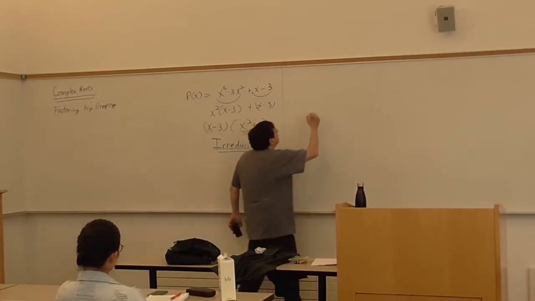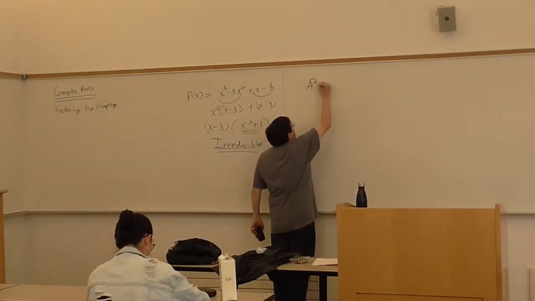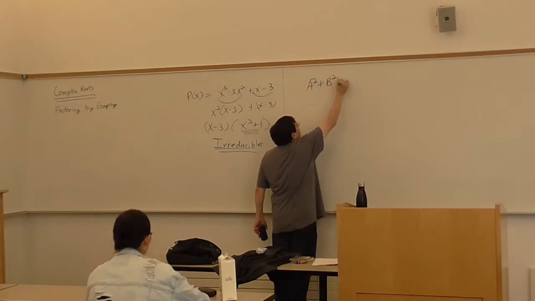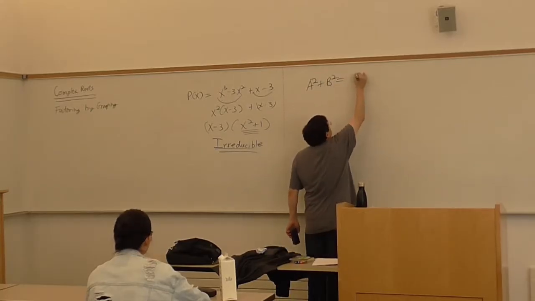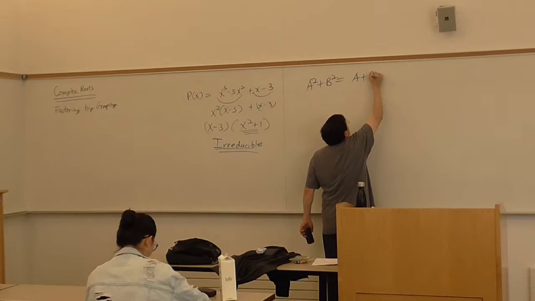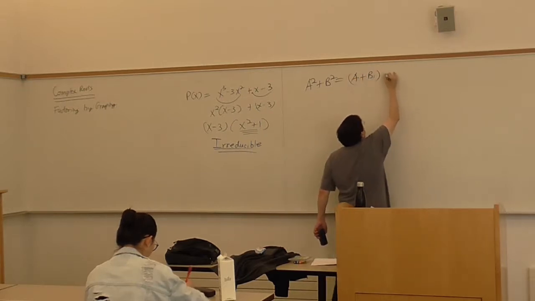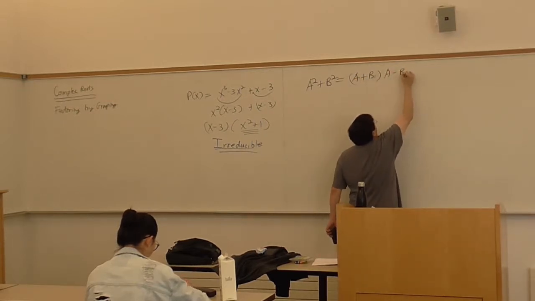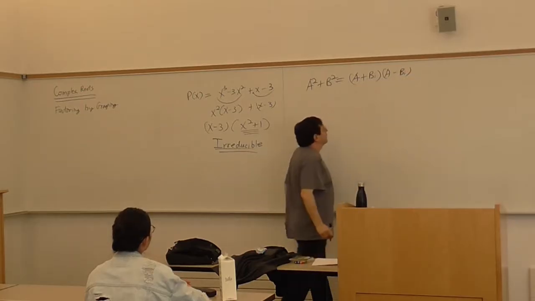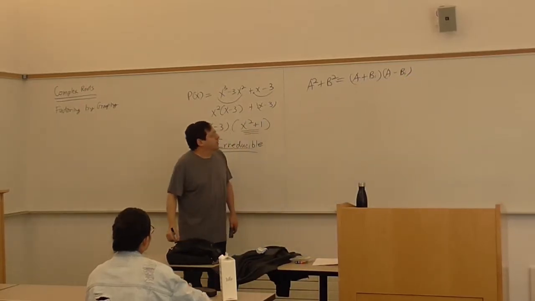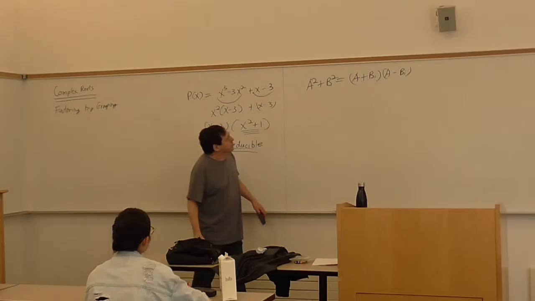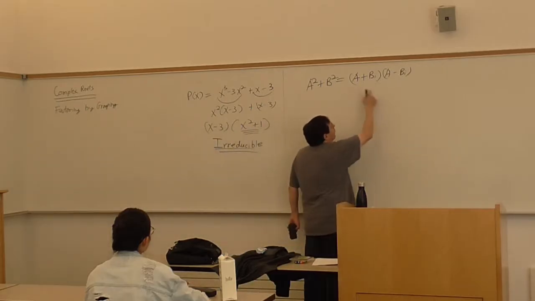It's in the form a squared plus b squared, which we can factor as a plus bi times a minus bi. I don't know if I've done this, so I'll try and convince you. We'll just FOIL this. The firsts are a squared.